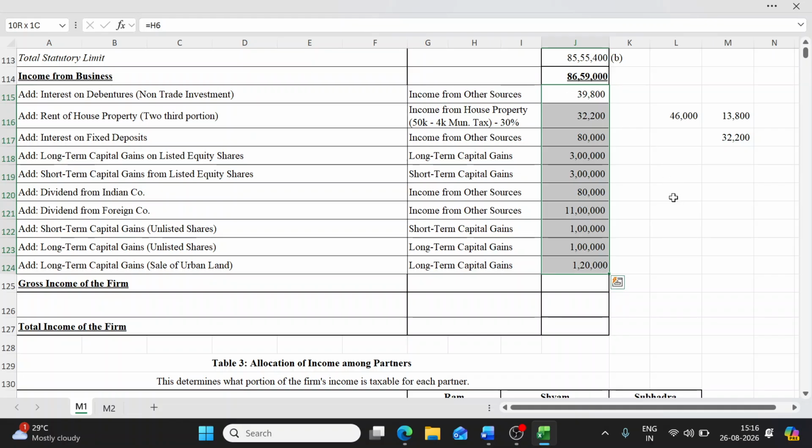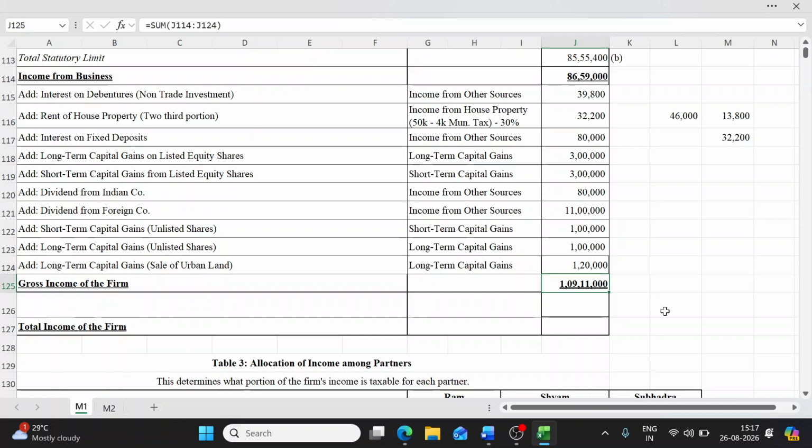This firm received incomes under other heads, like income from other sources, short-term capital gains, and income from house property. So make an addition of all these figures from 86 lakh 59,000 to 1 lakh 20,000, and you will get the figure for gross income of the firm. The total gross income is 1 crore 9 lakh 11,000.